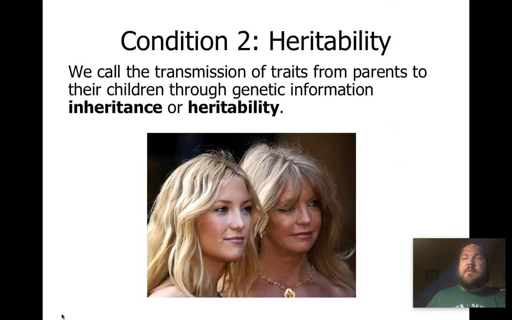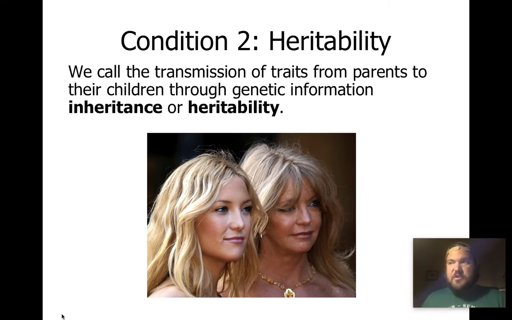Two, is that variation has to be heritable, right? If a trait is variable and some of that variation is useful and some of it isn't, but you can't pass that on to your offspring, then how would we expect subsequent generations or descendants to be different from previous generations? They wouldn't. So heritability is also really critical to this idea of natural selection.